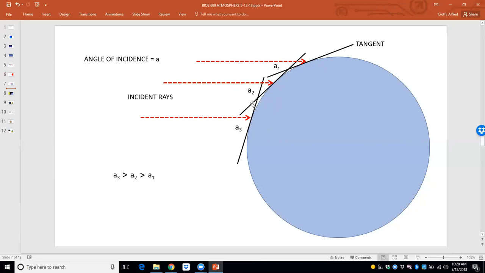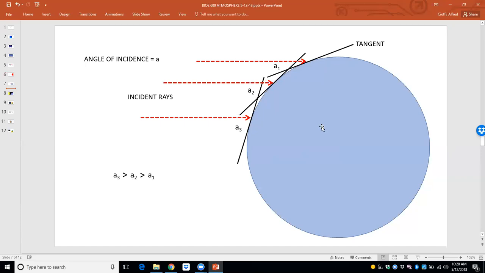So you can see that the rays that are hitting the Earth closest to the equator have a larger angle of incidence. So we can do this simple relation here of the three angles of incidence, so that the angle of incidence closer to the equator is larger than the angle of incidence closest to the pole.